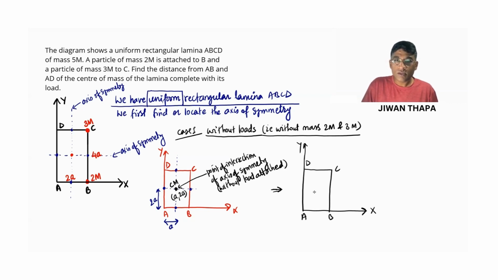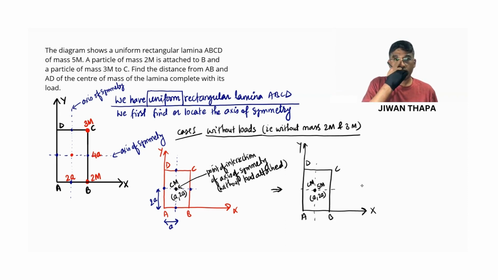The axes of symmetry intersect at this point, so this point represents the center of mass. The whole mass of the uniform rectangular lamina ABCD is at this point, and its coordinate is A comma 2A. So this is without load, and this is to be noted.